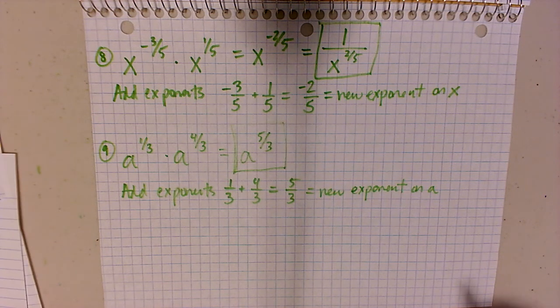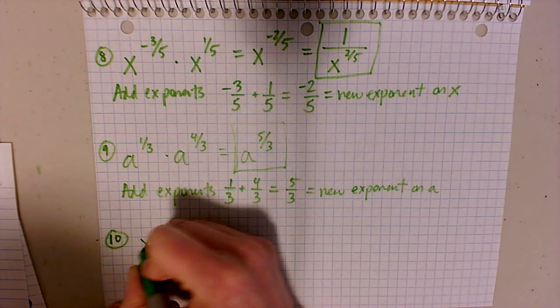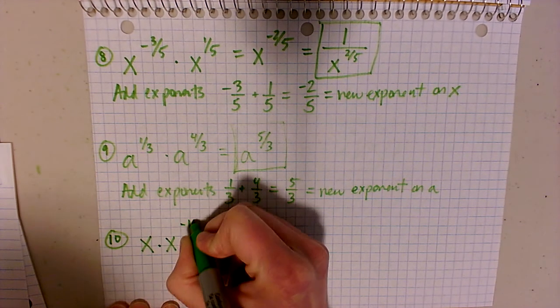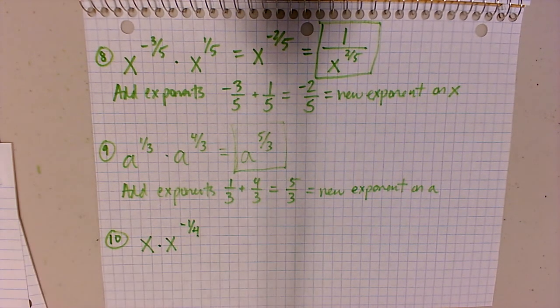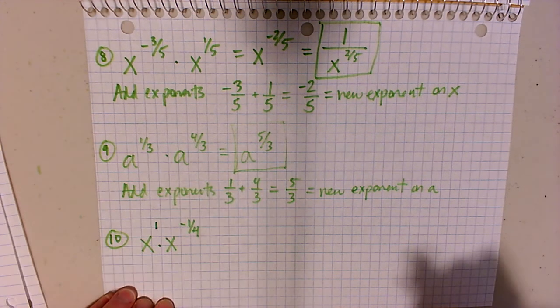Alright, so if we look at the next page with number 10, we have x times x to the negative 1/4. Okay? For this problem, we don't see any exponent on the first x, but we know that that would be 1. Okay?